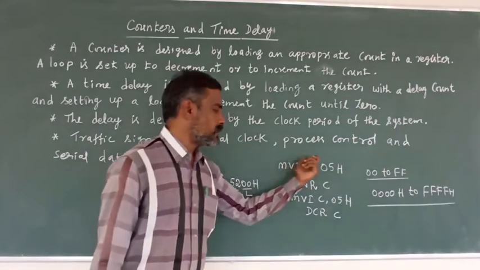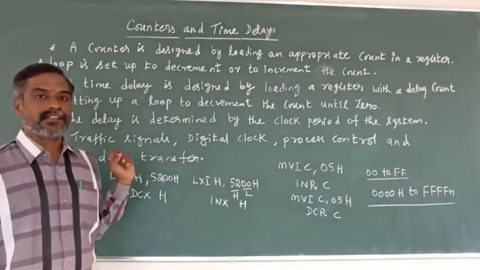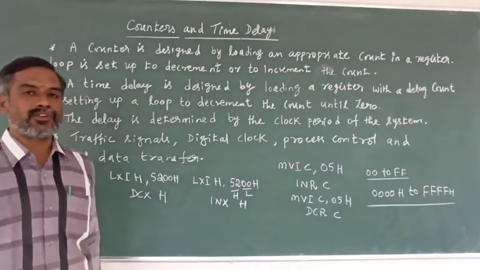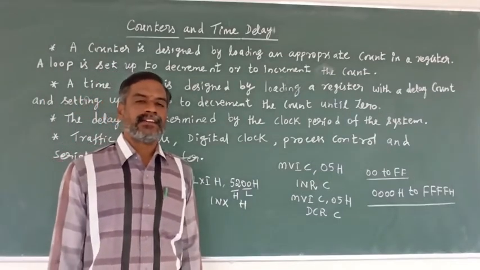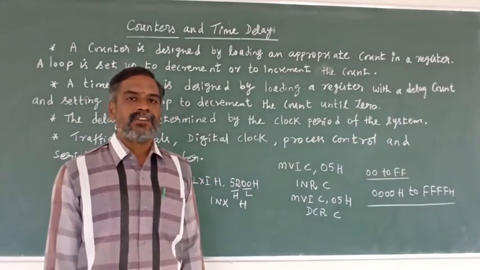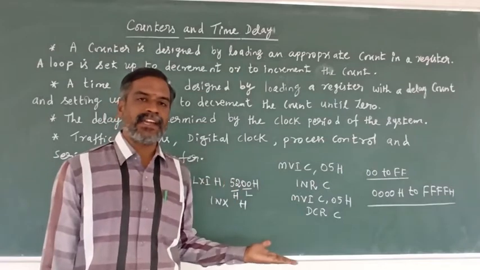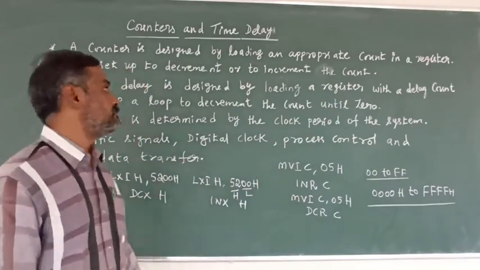We can use either a register or register pair. This is called a counter. Now to load data in either a register or register pair, we can use either increment or decrement. This is called a counter.